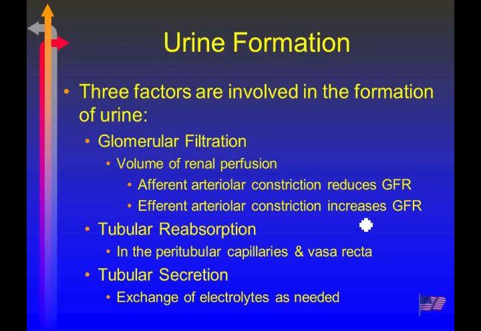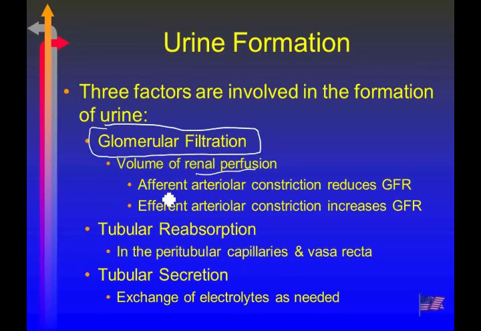Three factors are involved in the formation of urine. One is something called the glomerular filtration, and that is basically based upon renal perfusion. So remember, we're taking fluid out of the vascular space from the glomerulus, putting it through the series of tubules, and eventually secreting it out through the urine. Okay.